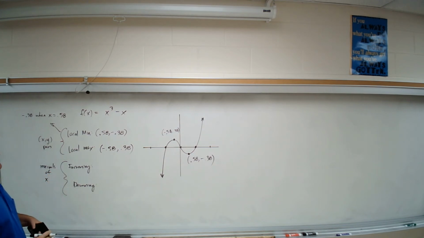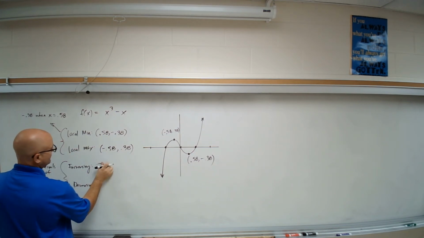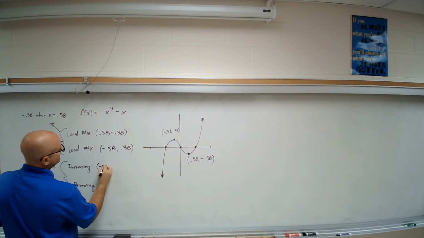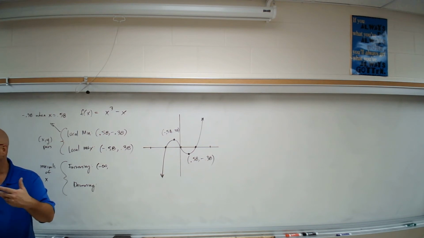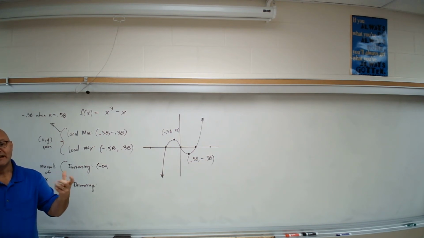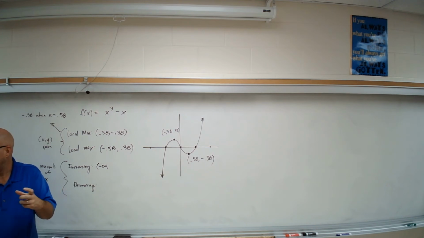So it's increasing from negative infinity, and we still put a parenthesis by negative infinity. I said earlier that for increasing and decreasing we use a bracket, but if it's a number we use a bracket. If it's an infinity or negative infinity, you always use a parenthesis.